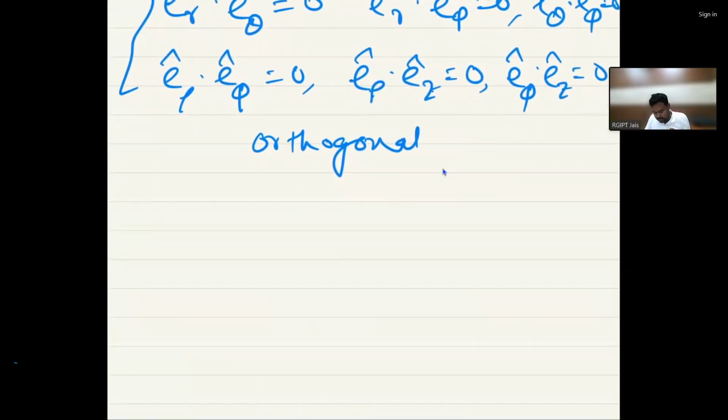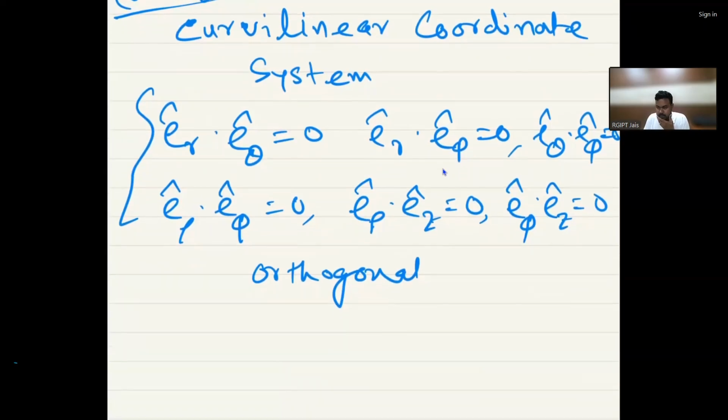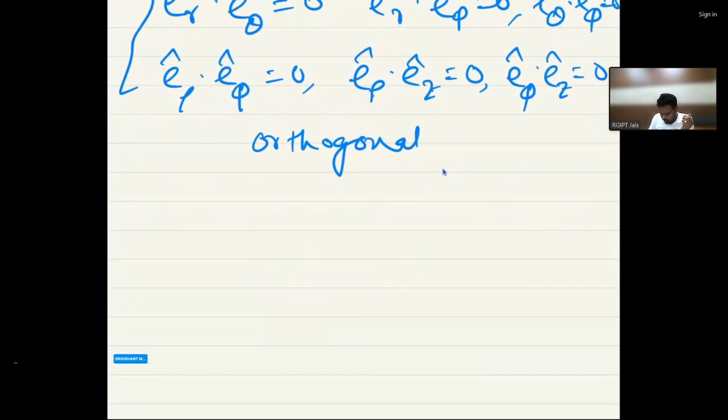In this class we'll try to formulate a general description of how to determine these unit vectors and the formulas for gradient, divergence and curl, and also how to represent the volume element and the infinitesimal displacement. So let's formulate a general description for this curvilinear coordinate system.